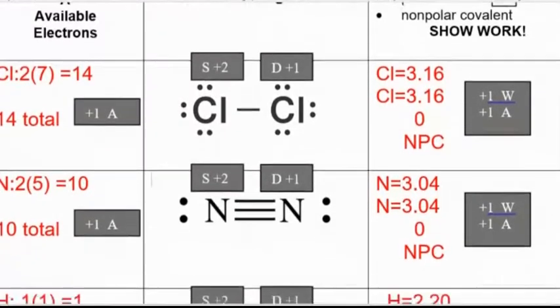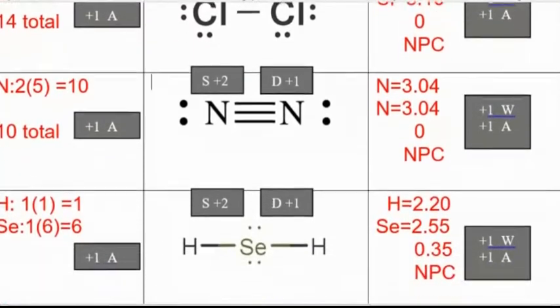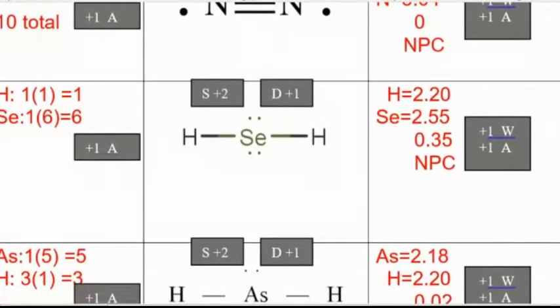Next one, we have what will be the structure for the H and Se? Well, Se has 6 and H has 1. Because Se wants a total of 8 and H can only have 2 at most, what happens is you're going to end up having 1 H on one side and another H on the other side.